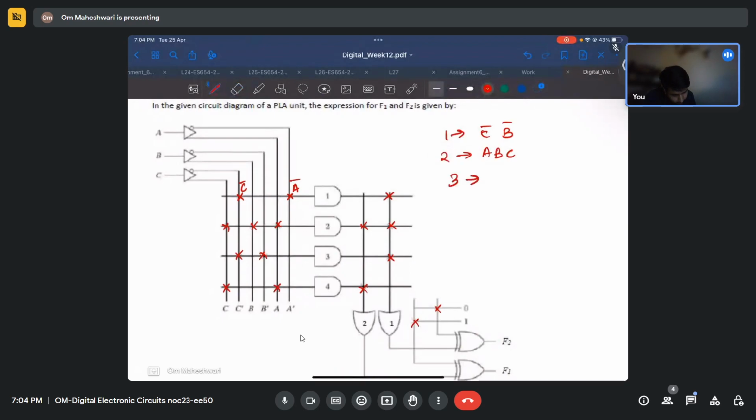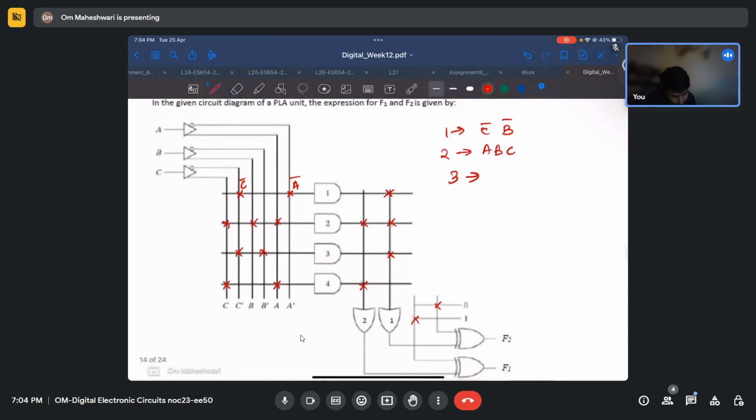And third we have C bar and B bar, B bar C bar. And fourth we have AC. And in this OR one we have 1 plus 2 plus 3, that is A bar C bar plus ABC plus B bar C bar.